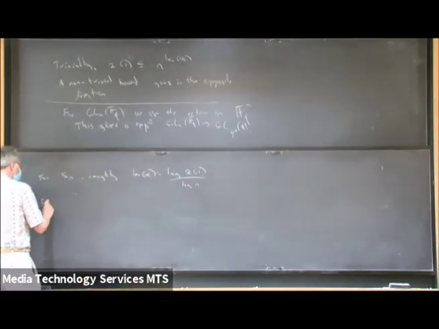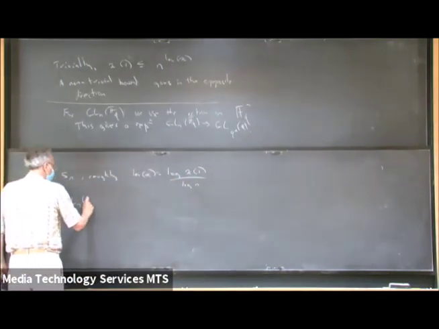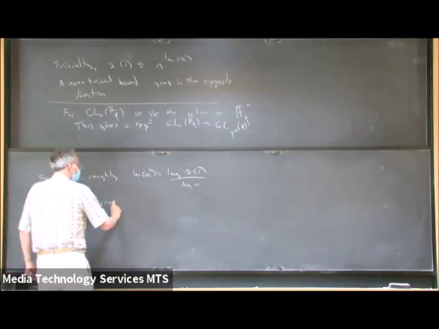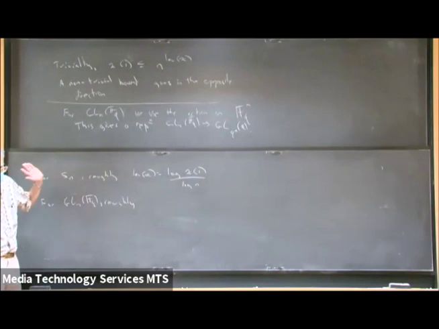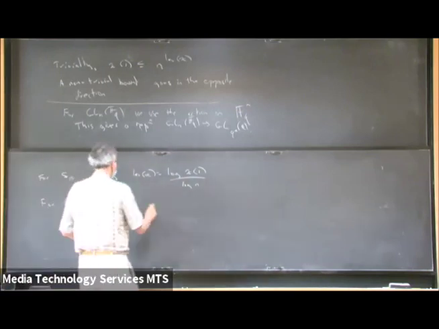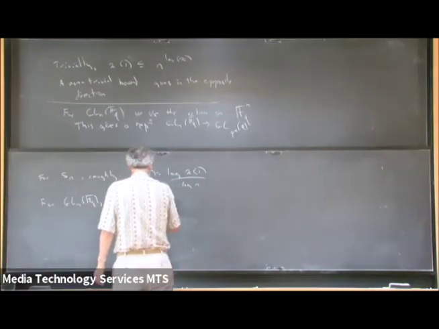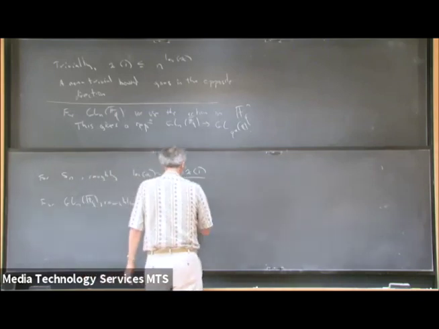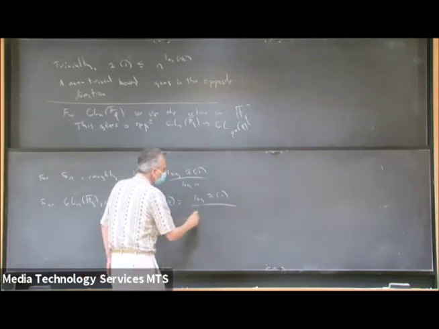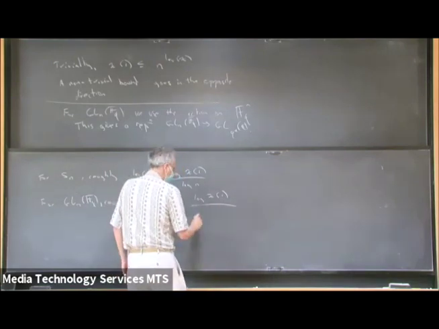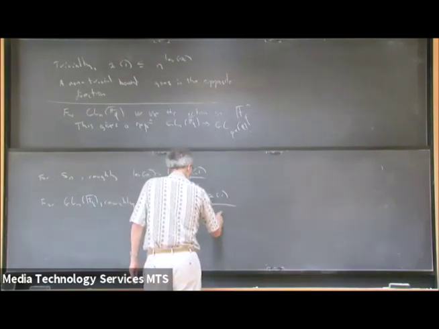And for GLN of Fq, roughly, and not just GLN of Fq, I mean, you can do the same thing for symplectic or unitary groups or orthogonal groups. Roughly, the level of chi is equal to the log of chi of 1 divided by the log of q to the n, which is, if you like, n times the log q.